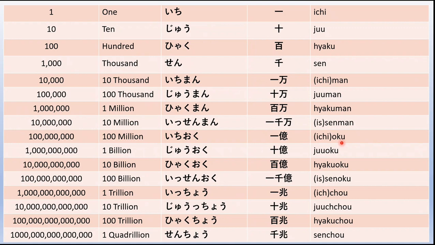So 100 million is Ichioku, then 1 billion is Juoku. So a factor of 10 gets multiplied, and 10 billion is Hyakuoku. This is the kanji of oku. You can see it is Ichioku, Juoku, Hyakuoku. And 100 billion becomes Senoku.